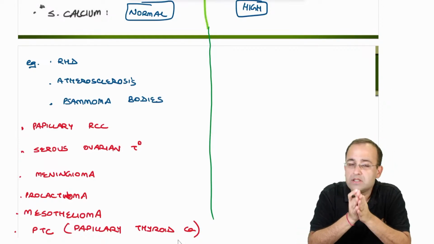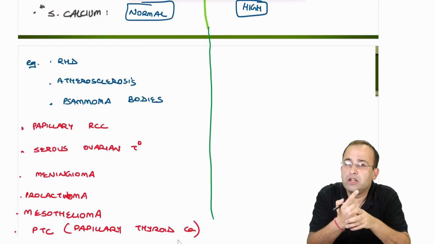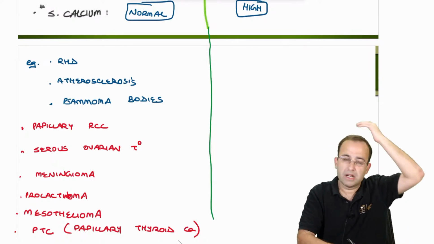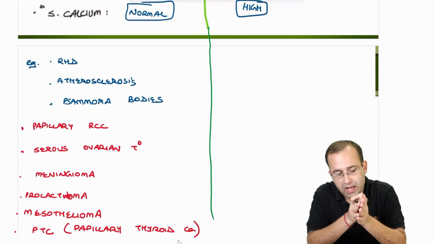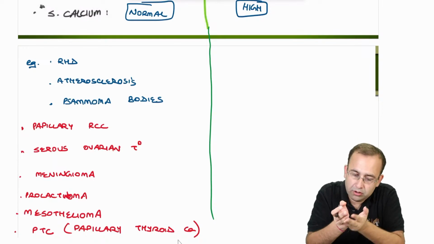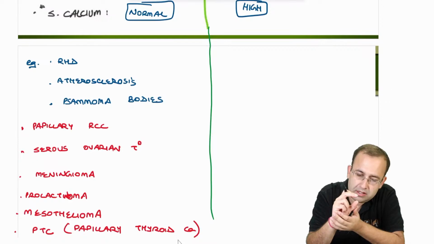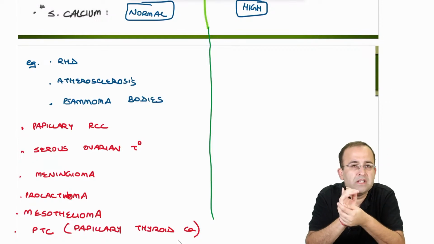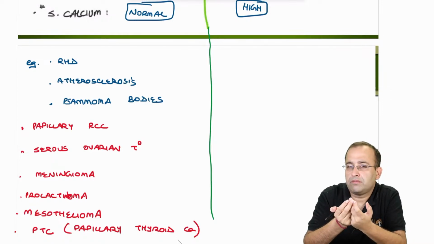Suppose you had a question: an 18-year-old female presenting to OPD with a dural mass, complains of severe throbbing headache. MRI shows the presence of dural thickening, histopathology of which shows whirling and calcifications. This is the exact language of the question, which is the most probable diagnosis? Suppose you get such a question.